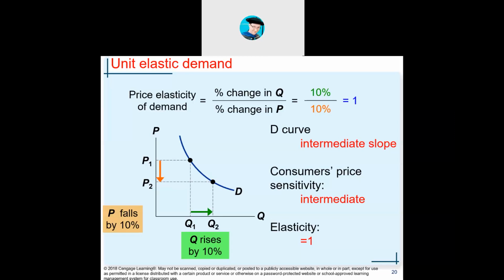And we see that the consumer price sensitivity is considered intermediate. What that means is it's temporary. That temporary price sensitivity is typically a result of a change in the marketplace that is abrupt and then smooths out over time.